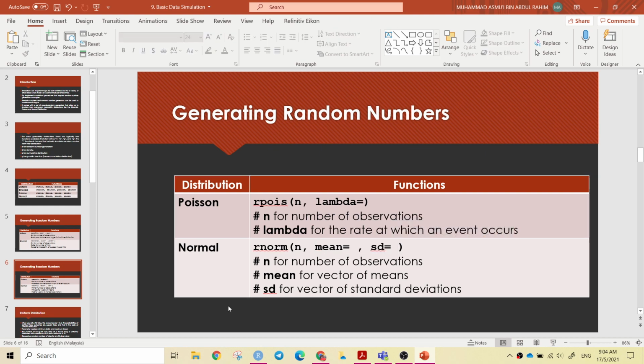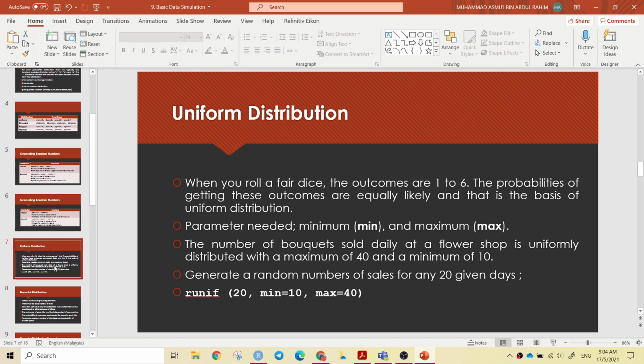Right, so let's take a look at the example. I'll show you the example. For the uniform distribution example here, we want to generate a number of sales, and this particular sale is about flowers, where the maximum is 40 and the minimum sale is 10.